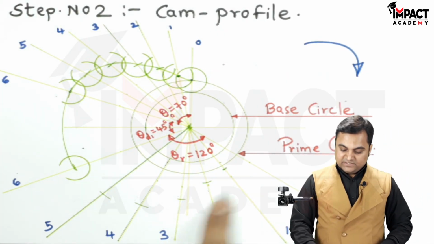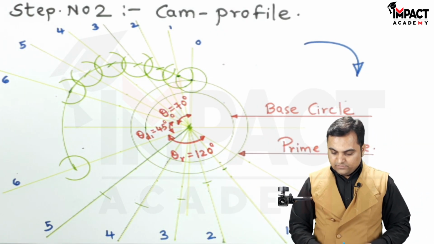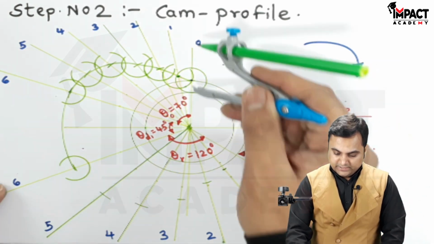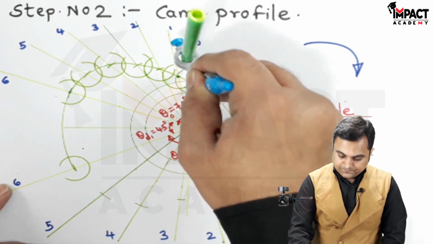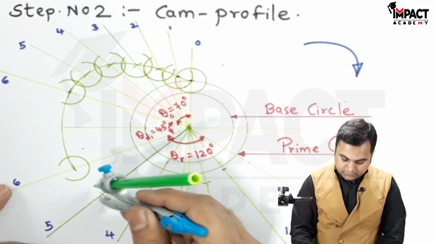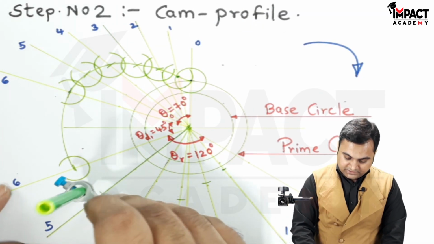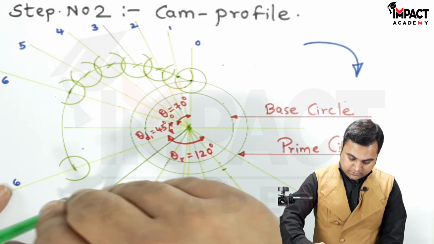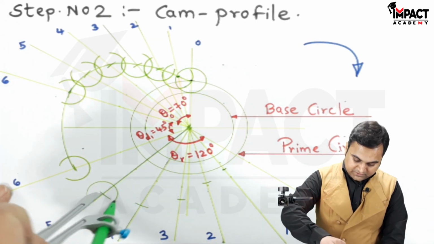Next, these are again the centers which I am getting. So taking the same roller radius and drawing the circles from these centers, but not complete circles, because we would be requiring only the base tangents.